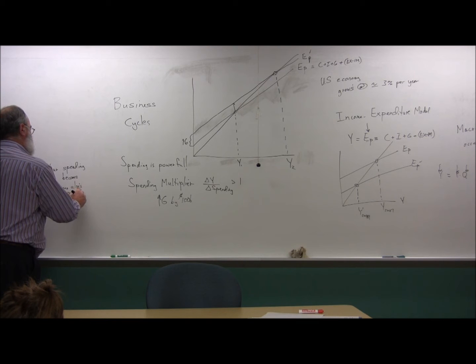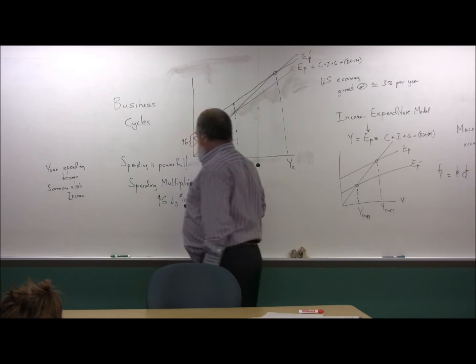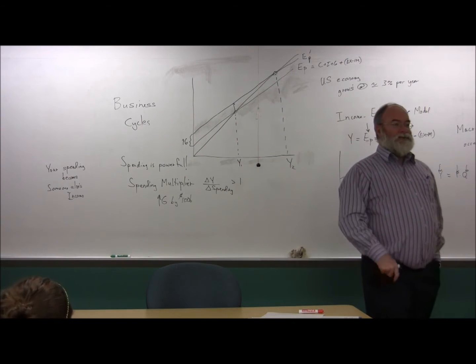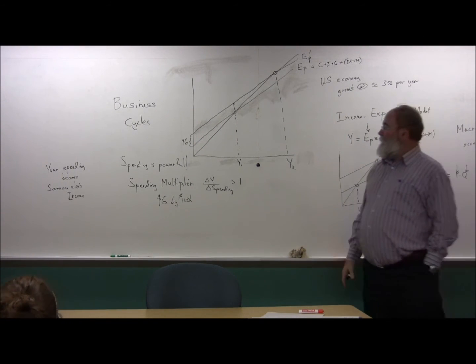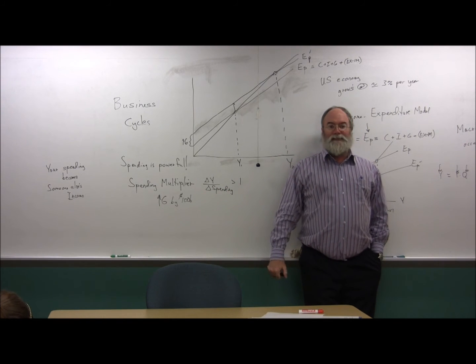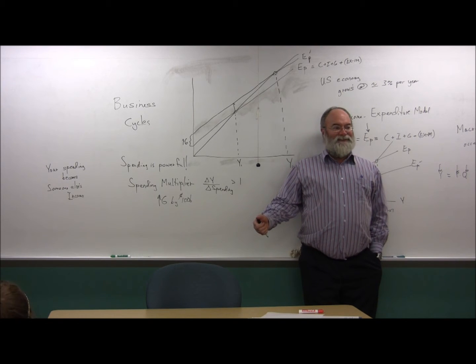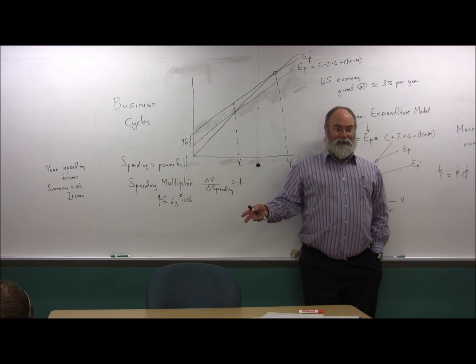Your spending becomes someone else's income. Okay? So, we're going to talk about the contractor. It's really going to be a bunch of contractors. The contractor suddenly has $100 billion in new business. Okay? So what do they do? They go out and they fix the roads, right? Or they fix the bridges. How do they do that?